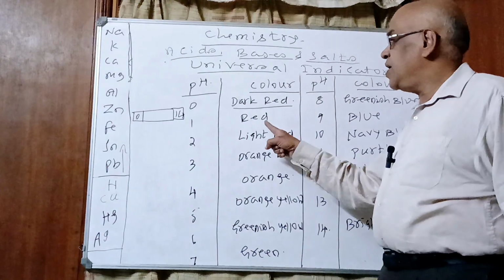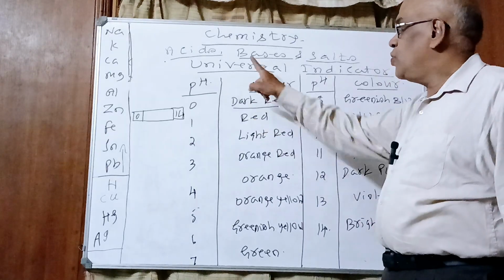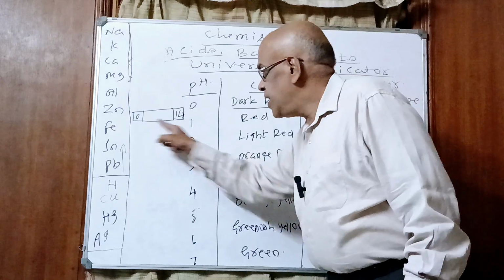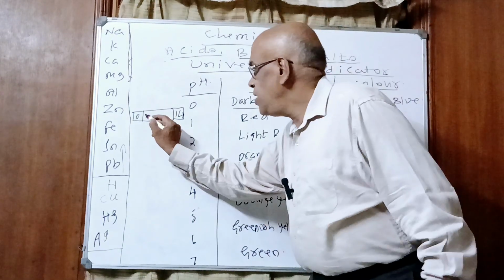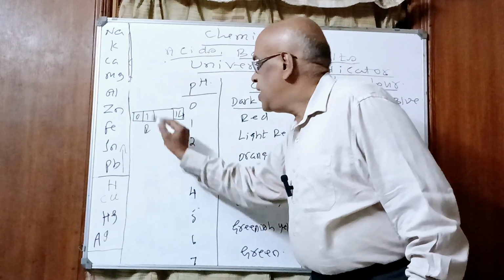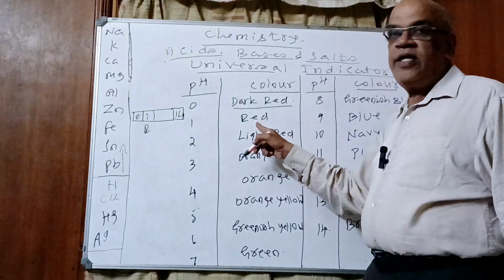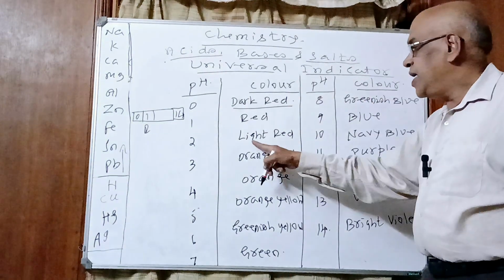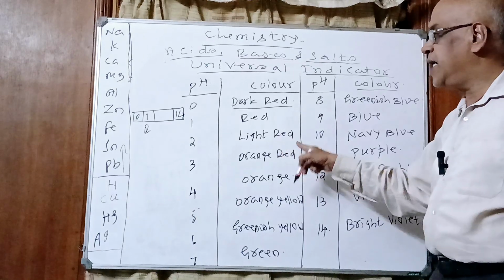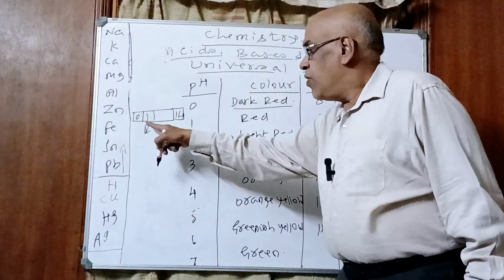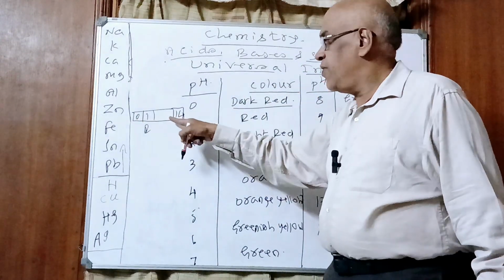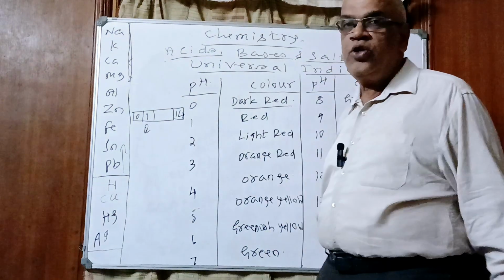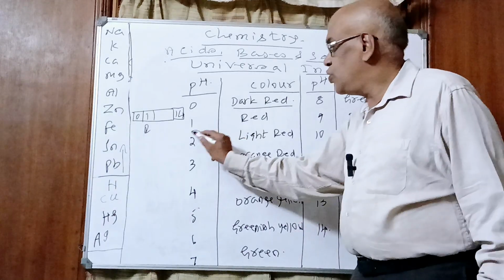When the solution shows red, bring it here. At 1, it shows red. It indicates that the pH of the solution is 1. When universal indicator is added and it becomes light red, you bring it and compare the color here. The color will match the third column, whose number is 2. Then we say pH is 2.